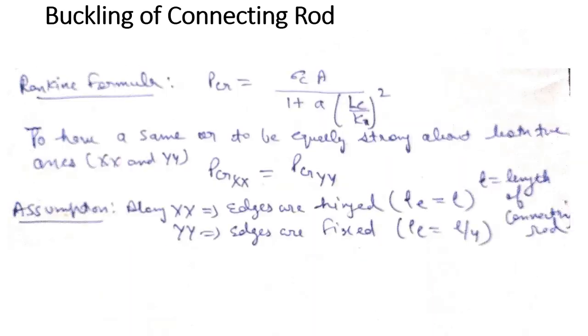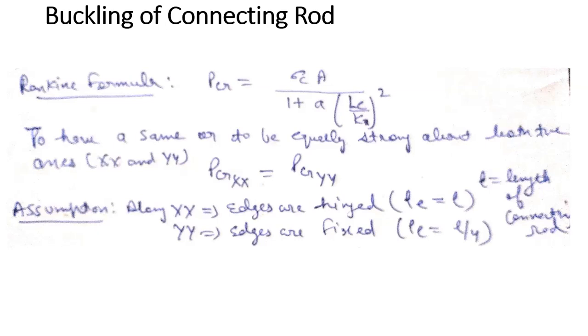Whenever I talk about buckling, the first thing that comes to mind is the Euler load. This is the famous formula, pi square EI upon LE square. But the Euler formula gives good results for long columns in comparison to short columns.